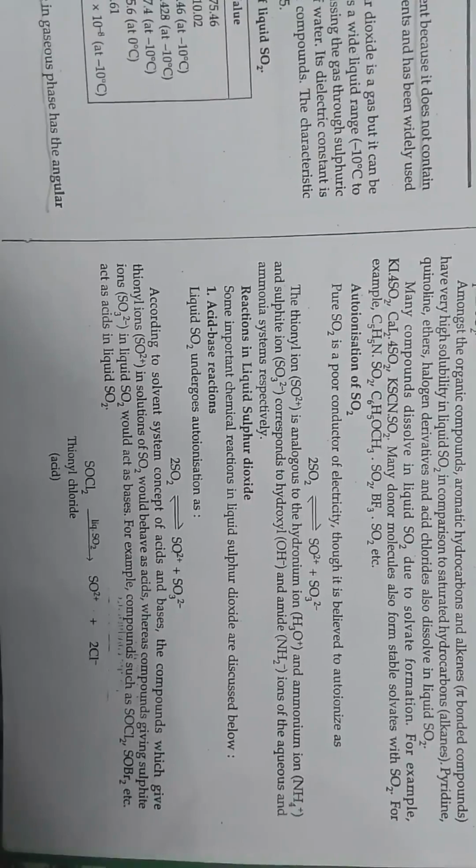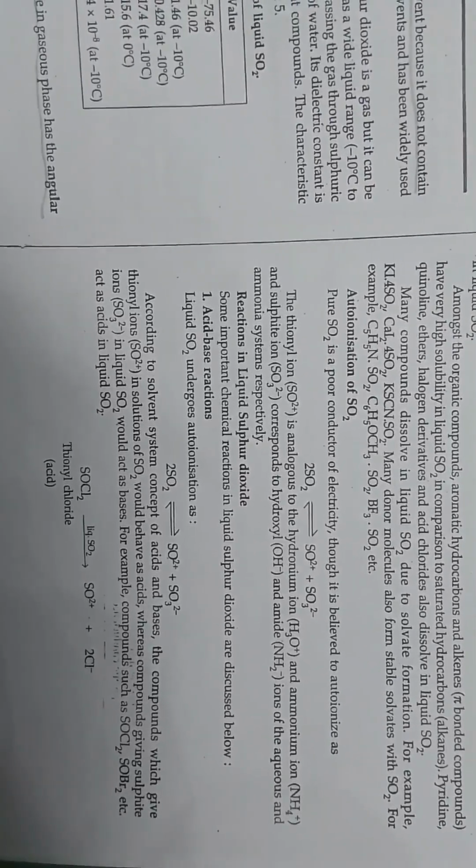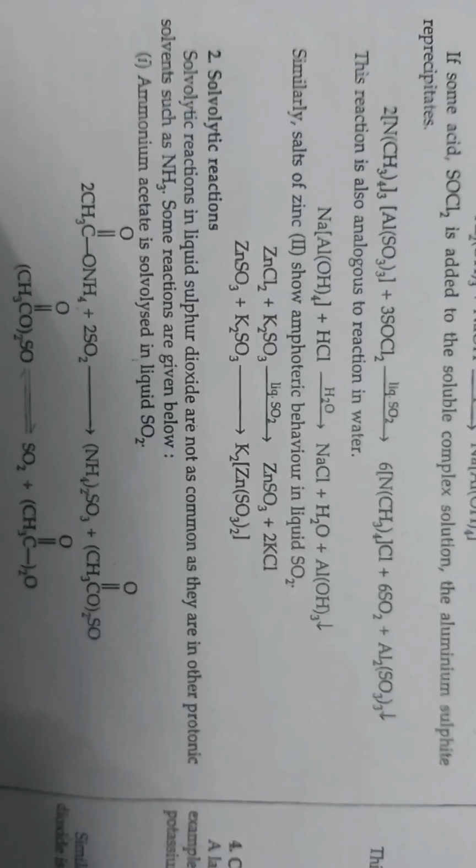SOCl2, thionyl chloride, in liquid SO2 gives SO2+ plus 2Cl-. If some acid SOCl2 is added to the sulfite complex solution, the aluminum sulfite precipitates: 2N(CH3)4 AlSO3 thrice plus 3SOCl2 in liquid SO2 gives 6N(CH3)4Cl plus 6SO2 plus Al2(SO3)3.